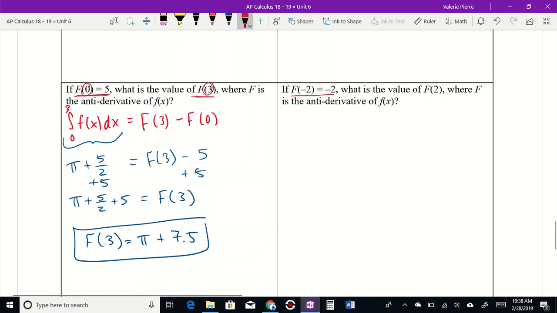Similarly, for this very last problem, we know that F of negative 2 is equal to negative 2. We want the value of F of 2, where F is the antiderivative. So given the x values of negative 2 and 2, we know we need the integral from negative 2 to 2 of f of x dx, which is equal to, using FTC, F of 2 minus F of negative 2.